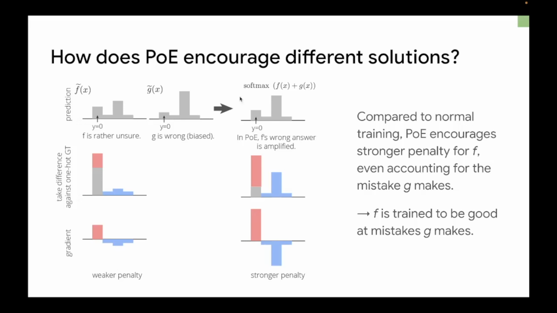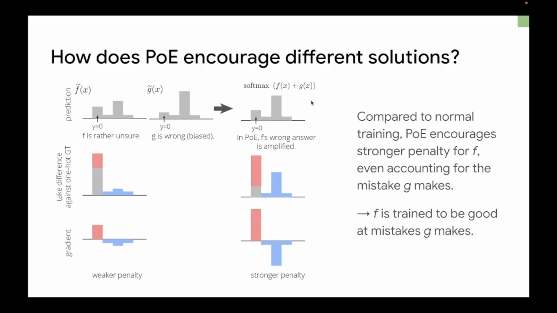But now for the product of experts, because of g, which is outright wrong, the product of experts is also more wrong than f alone. And so the gradient for the product of experts is larger than for f alone. The gradient that is training f is actually generated against the product of experts. So even if f would normally get very small gradients, f would now get even more penalty for the wrongdoing of g.